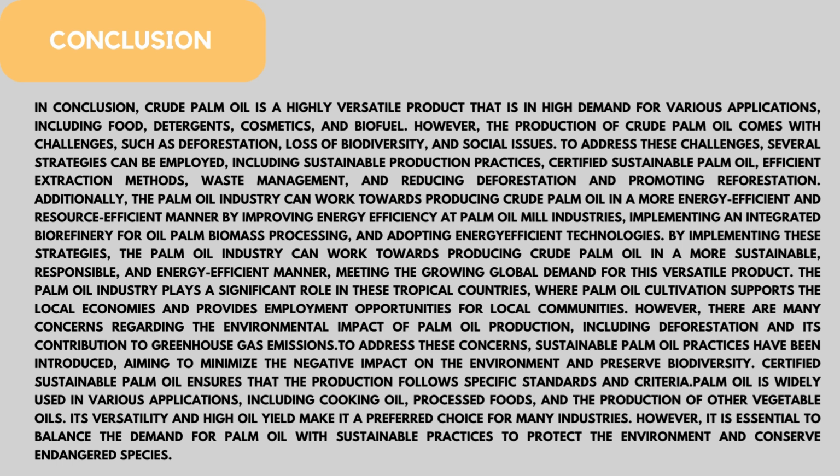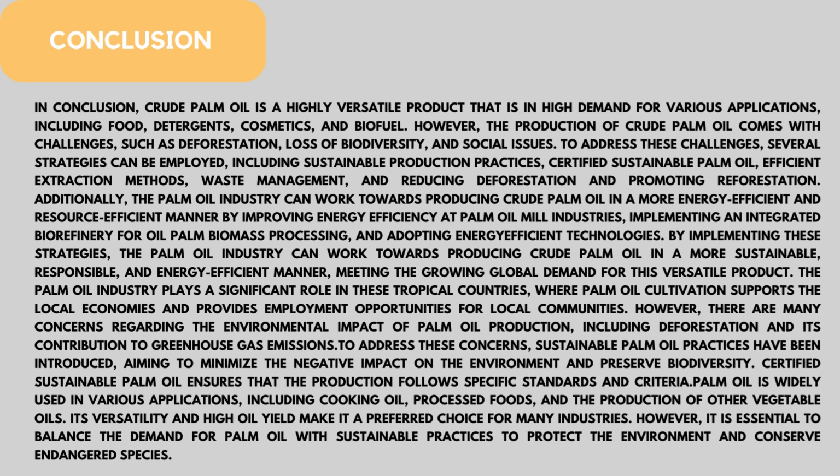significant challenges such as deforestation, loss of biodiversity, and social issues. To address these, strategies like sustainable production practice, certified sustainable palm oil, efficient extraction method, waste management, reducing deforestation, and promoting reforestation can be employed.